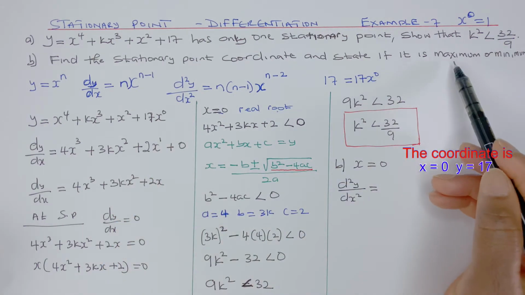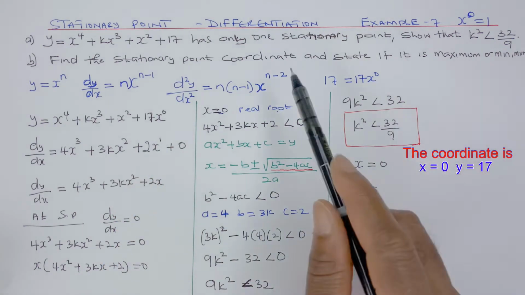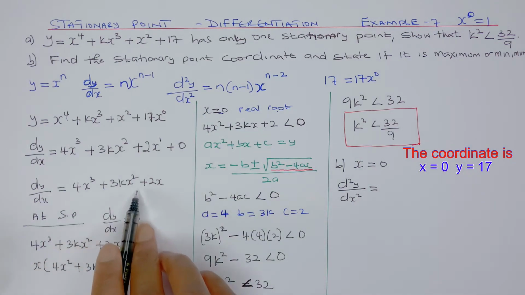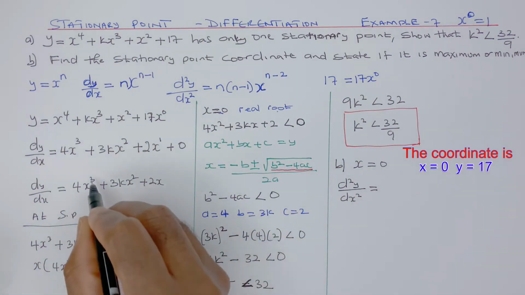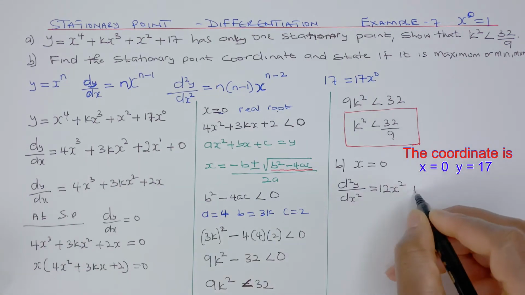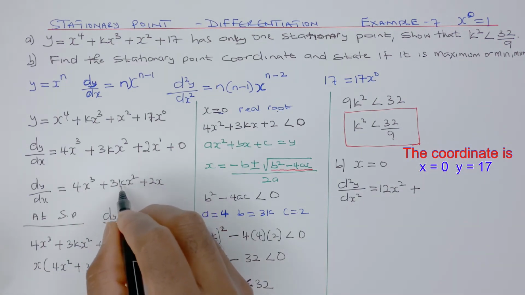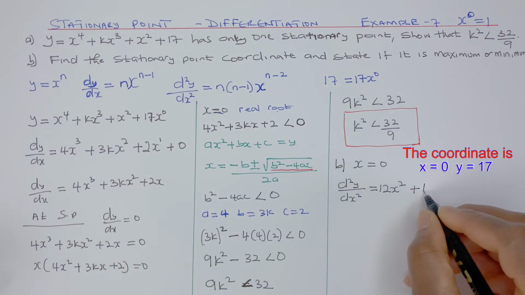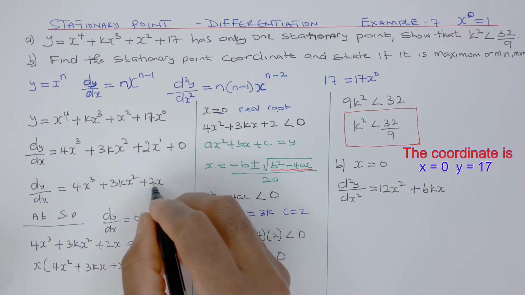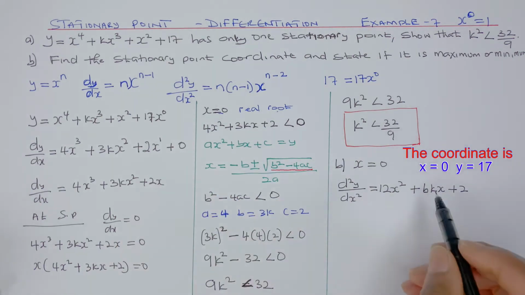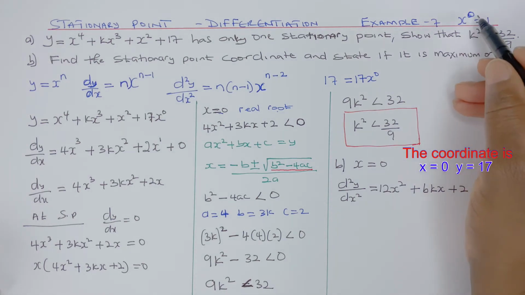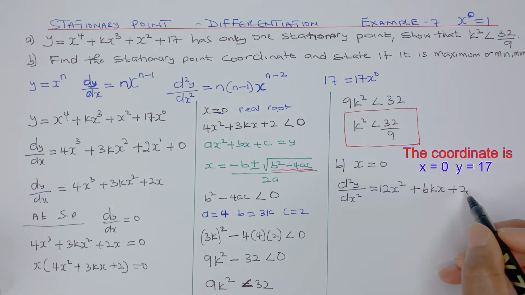In order to determine if it's a maximum or minimum, we need to find the second derivative, so we're differentiating again. That will be 3 times 4, 12x squared, plus 2 times 3k, that will be 6kx, plus 1 times 2, x to the power 0. We know x to the power 0 is 1, and 1 times 2 is 2.